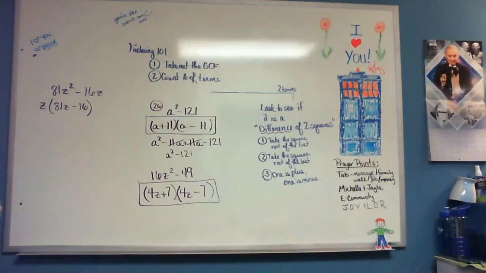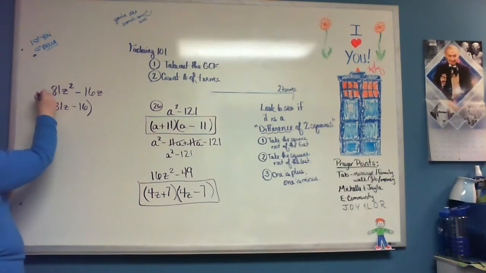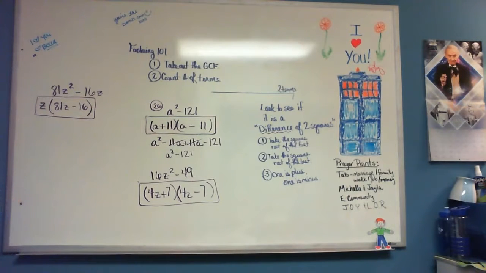Well, the 81 is a perfect square, but the z is not a perfect square. So no, it can't be the difference of two squares, which means we're done. You cannot say that something is prime if you have done anything on this chart. It has to be completely not done anything. If you take out a GCF, it is no longer prime. So you can't have done anything on this chart in order for it to be prime. So that makes our answer that.